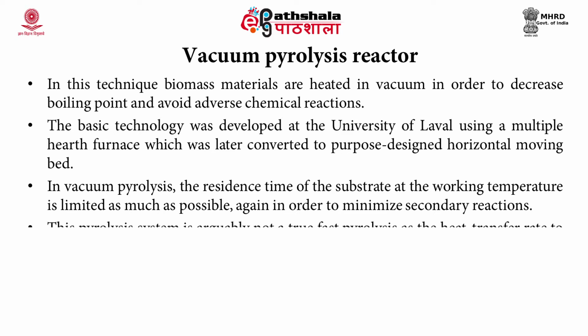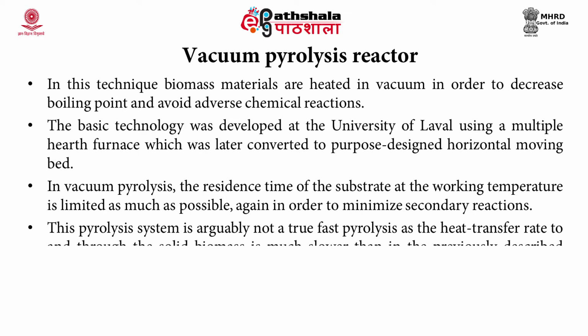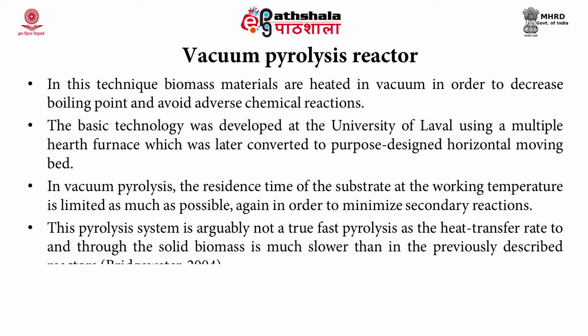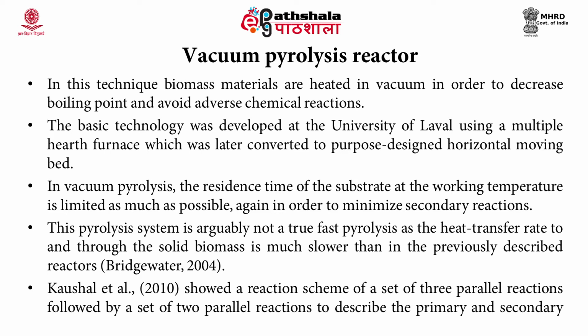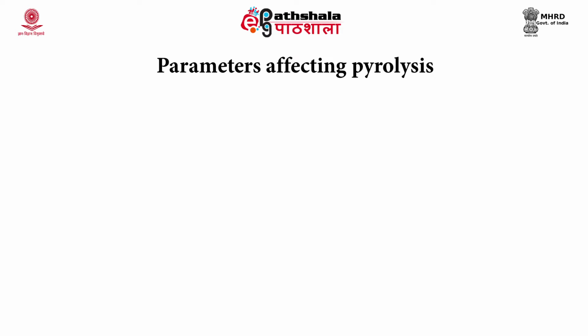This system is not a fast pyrolysis as heat transfer rate to and through the solid biomass is much slower than in the other types of reactors. What are the parameters affecting the pyrolysis?